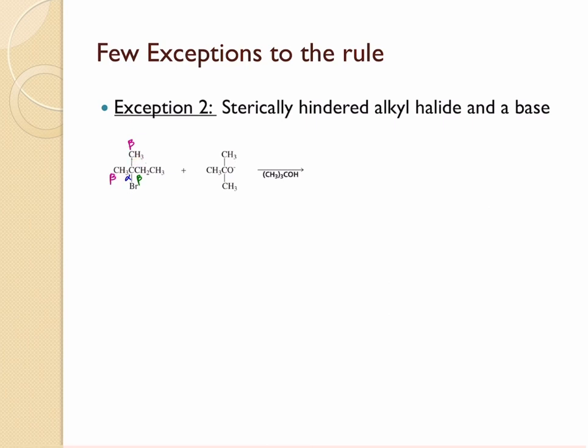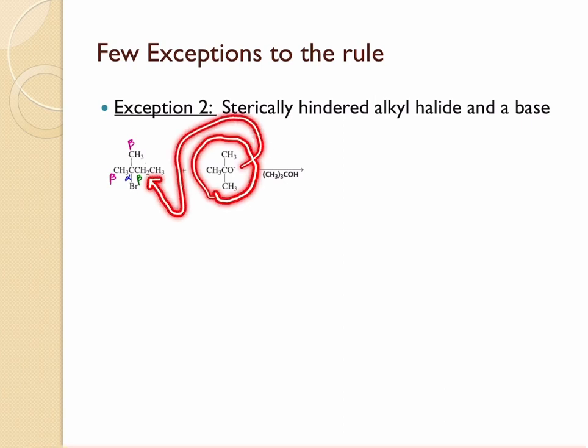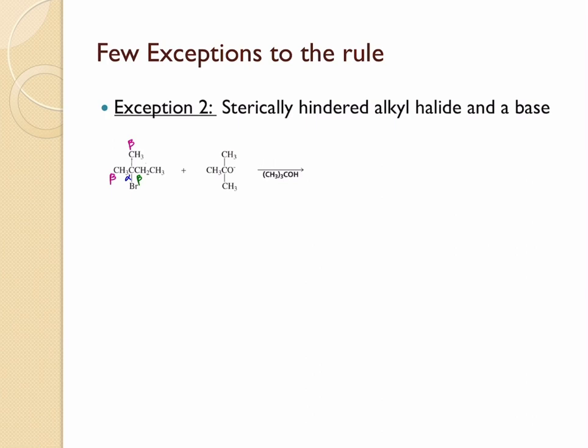Okay, so since you have a very bulky base here, it would be hard for it to go and abstract this hydrogen, right? So according to Zaitsev rule, if you want to form the major product, you have to abstract the hydrogen from the carbon which has the fewest number of hydrogens. But it would be hard for this base to go and abstract this hydrogen. Hence, it will go and abstract the hydrogen which is easily accessible by the base.